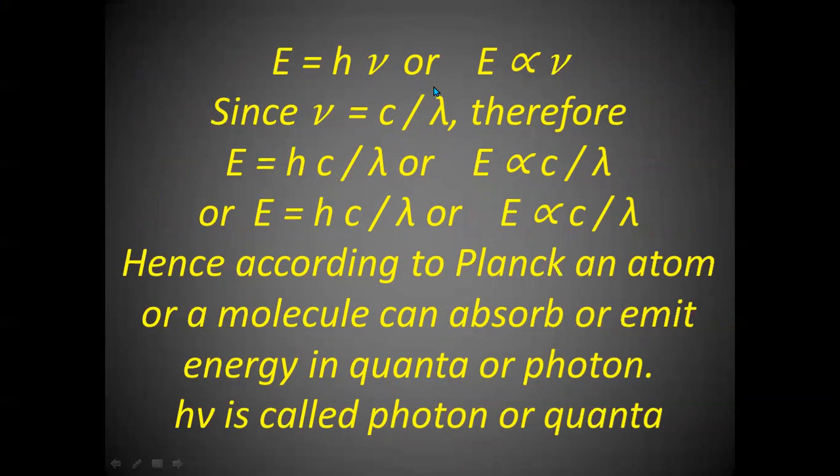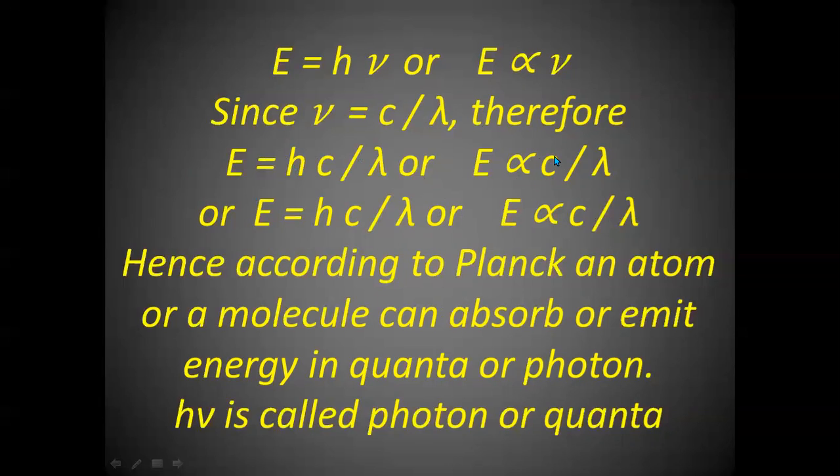So here E is equal to h nu is called Planck's equation, because nu is given by c by lambda. Nu is frequency, c is velocity, and lambda is the wavelength of the energy wave. If we substitute this, in place of nu we substitute c by lambda, and E is equal to h c by lambda. Because c is constant, E is proportional to 1 by lambda. Why is c constant? C is the velocity of light, or electromagnetic radiations.